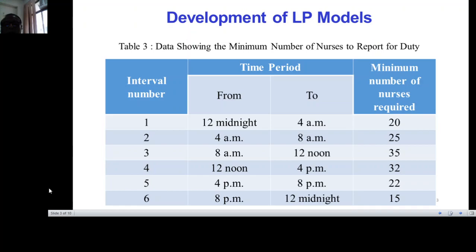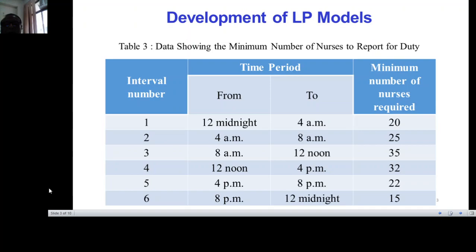So, in this problem we say that let xj be the number of nurses who report for duty at the beginning of the jth period, where j varies from 1 to 6. We have 6 time slots. Time slot 1 is from 12 midnight to 4 am, time slot 2 is 4 am to 8 am, time slot 3 is from 8 am to 12 noon. Likewise, the 6th time slot is 8 pm to 12 midnight.